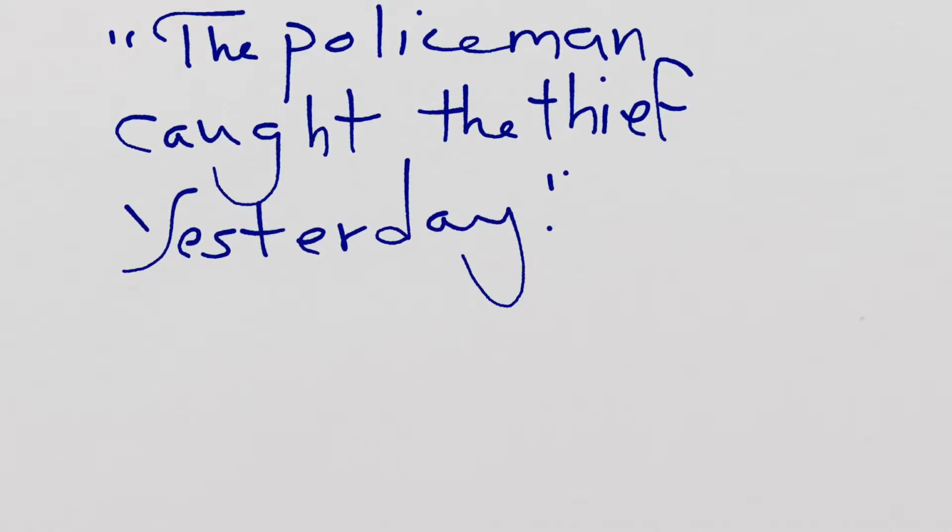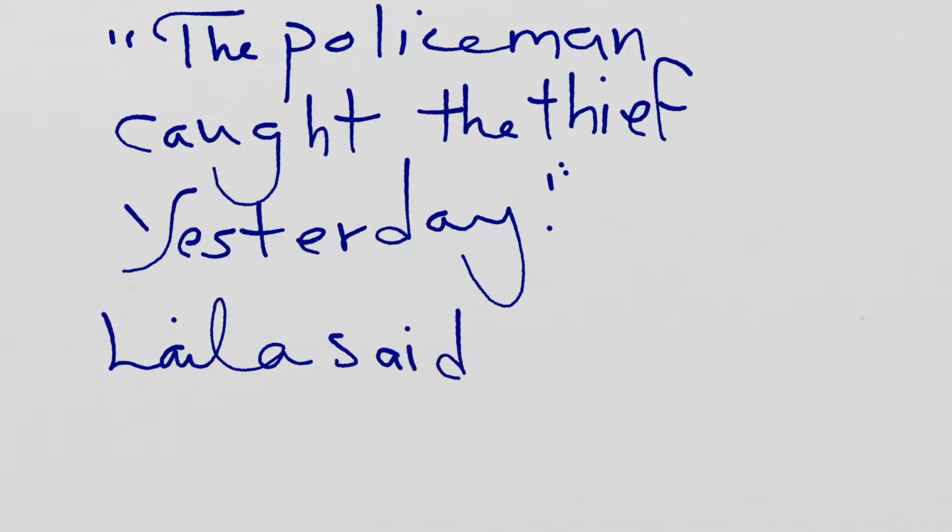I'm going to help you. Okay, here we are going to begin, for example, Layla said, and we need to change the direct statement into indirect. Okay, I'll give you 1 minute. You can do it by yourself. Then I'm going to check with you. Finished? Okay, let me do it with you.